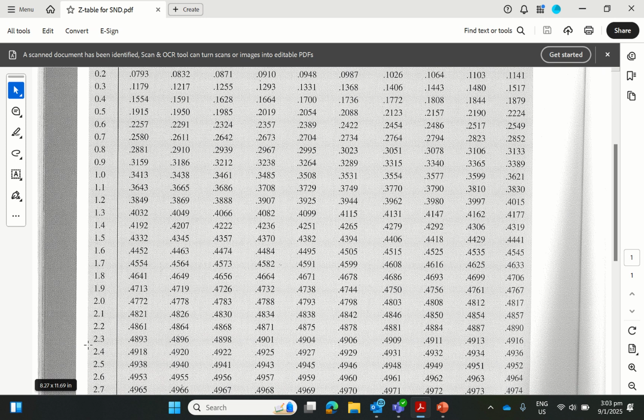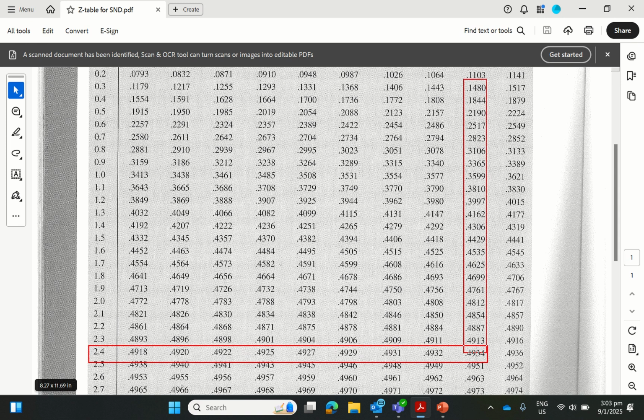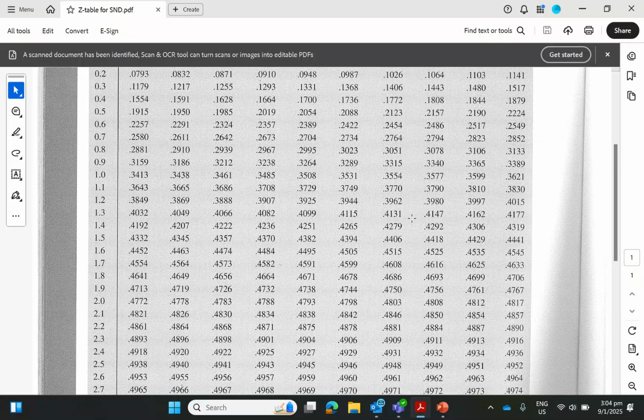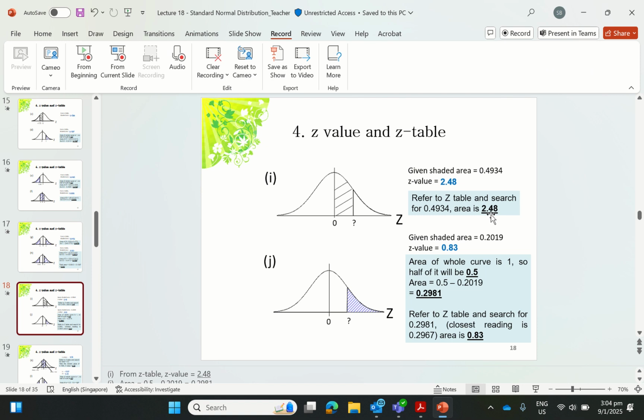I think this one is 2.4, and what is this? I think 9. Sorry, 8. So it's 2.48. That's why we get 2.48.